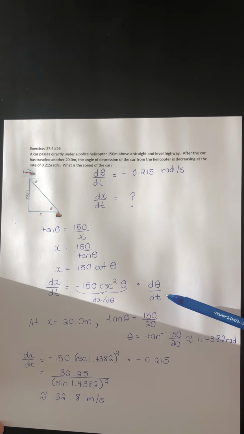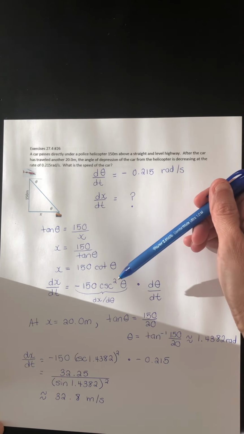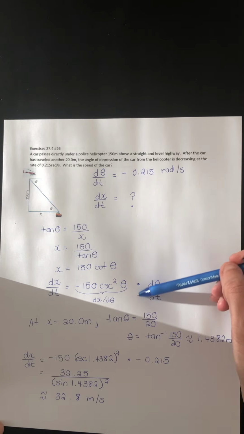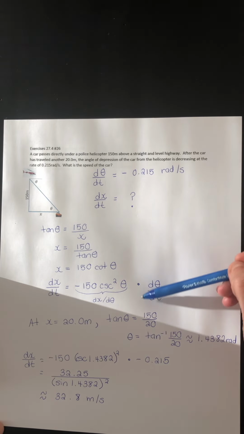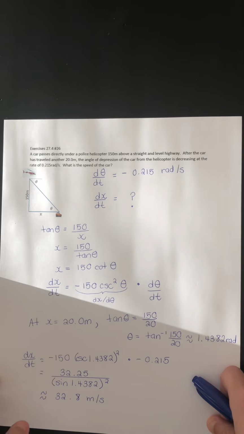And then at that point, you've solved it. You just need to know what value will we substitute for theta. And here, of course, is where you would put the given time rate of change. Okay, so that is example 2.